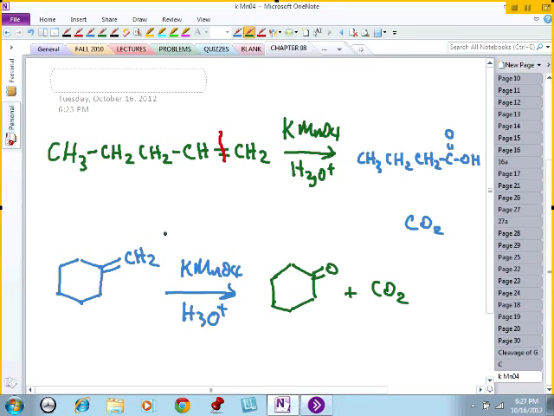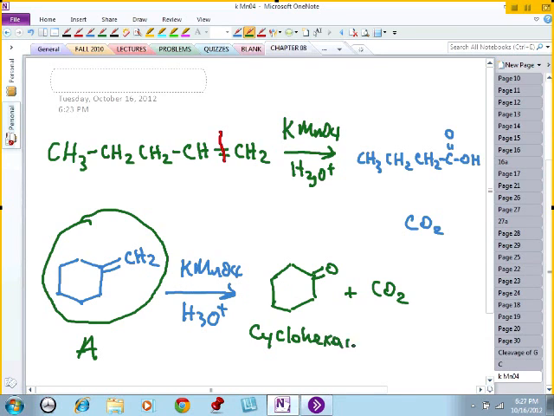So therefore, supposing I did not give you this molecule here, and I just call this compound A, and I give you this reagent, and I say compound A reacted with this reagent to form cyclohexanone plus carbon dioxide, and then I say write the structure for compound A. You should be able to do that very easily.